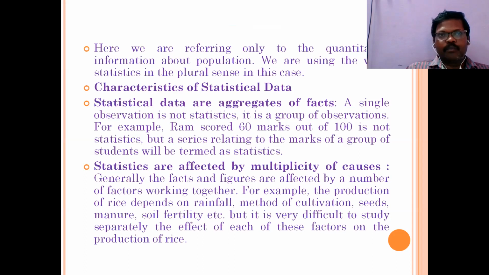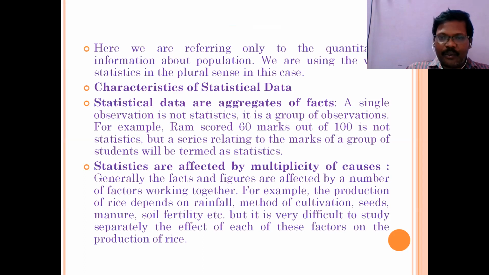But if you say that the particular student is a good student, we are saying just a good student, but how good he was, we don't know. That explains the characteristics. The qualitative is nothing but characteristics, whereas the quantitative is nothing but numerical data.